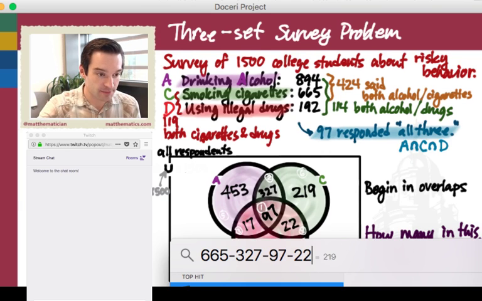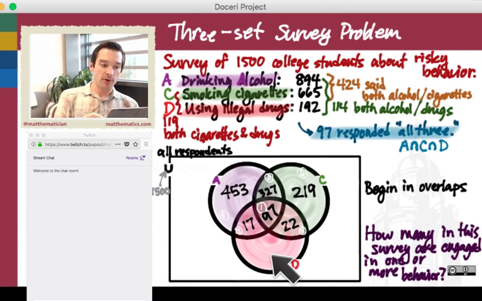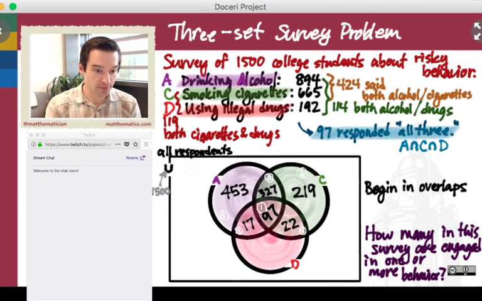And then last but not least, we'll do the same thing for the illegal drugs category. How many people just do illegal drugs but don't smoke or drink? Well, there are 192 people in the survey that said they do illegal drugs, and some of them have already been accounted for. So I just have to take away from 192 all of these people that we've already accounted for in other ways.